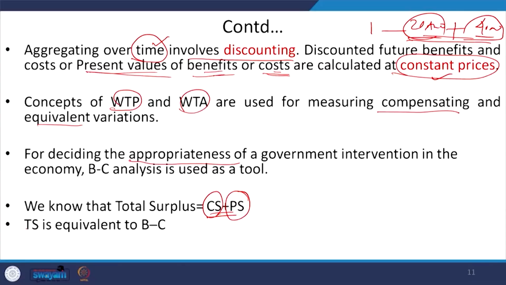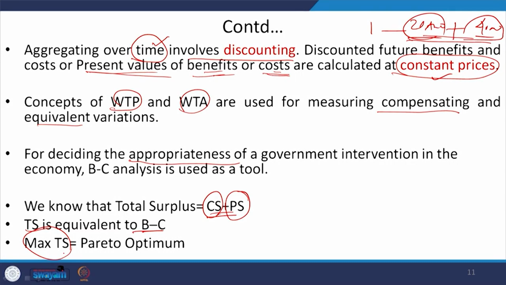When the total surplus is maximized, the net benefits are maximized. This total surplus is nothing but the net benefits, that is total benefits minus total cost. And when we maximize the total surplus out of a particular policy, in that sense this condition is the Pareto optimum condition.